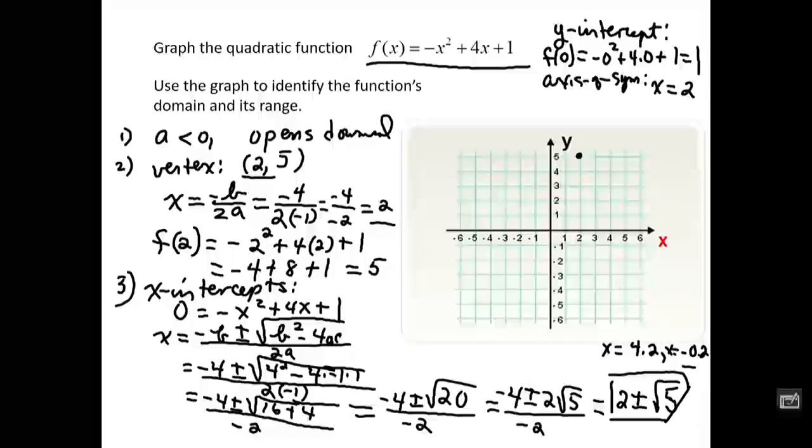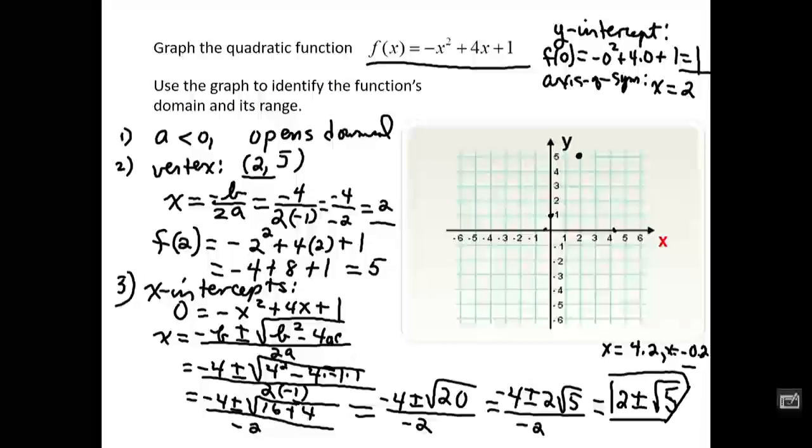The x-intercepts, 4.2 and a negative 0.2. All right, also the y-intercept, we found the y-intercept to be 1, so we have 0, 1. And from step 1, we noted that a is less than 0, so the parabola opens downward.